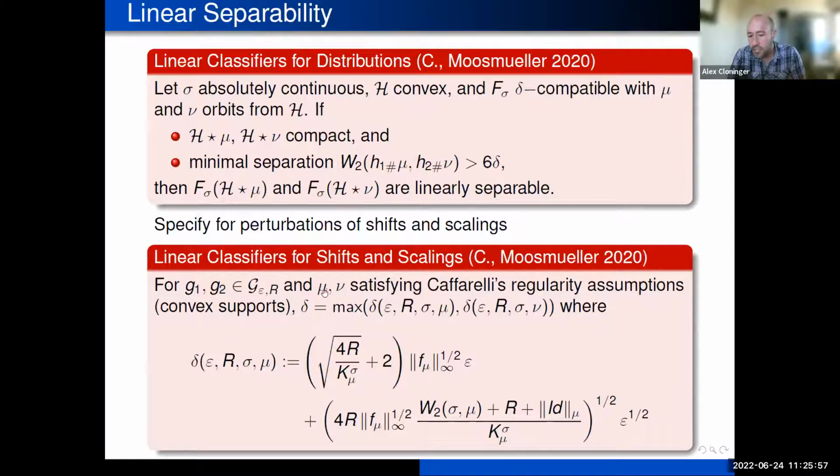Under certain assumptions on mu and nu and shifts and scalings and perturbations, we can write down the exact constants we need for how much minimal separation there had to be, in terms of pretty simple optimal transport type constants. I won't go into the details of that. Let's just say it can be made precise. So that's a pretty cool result.